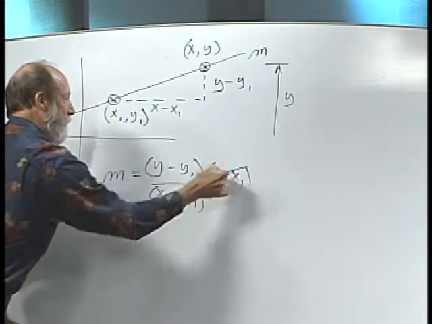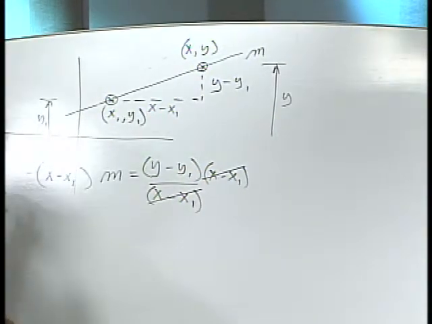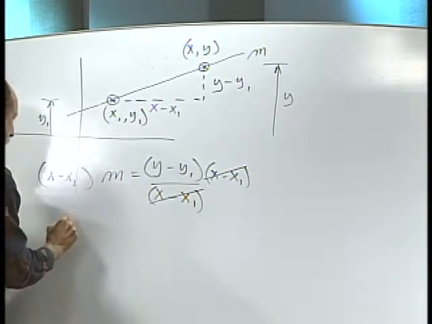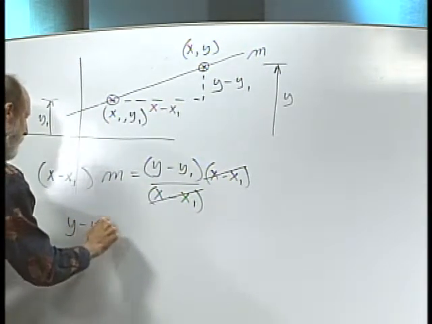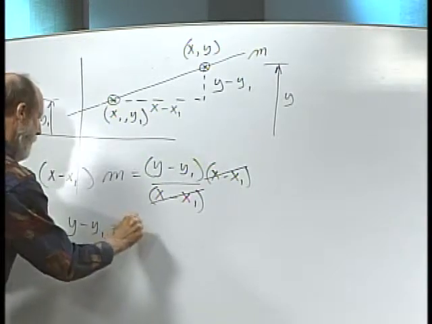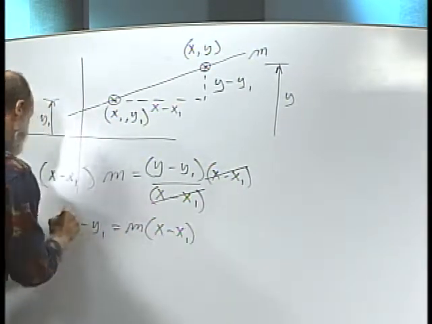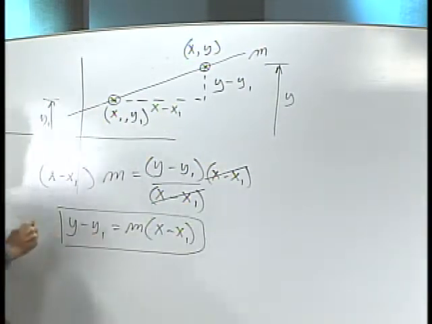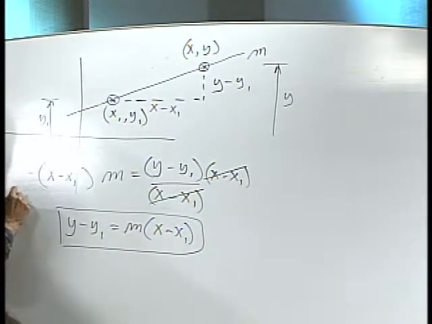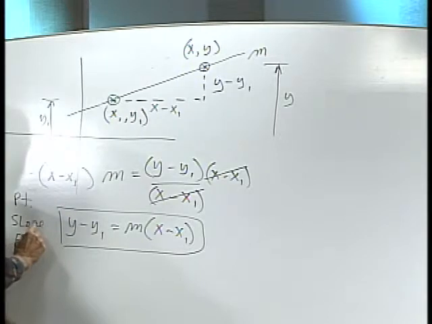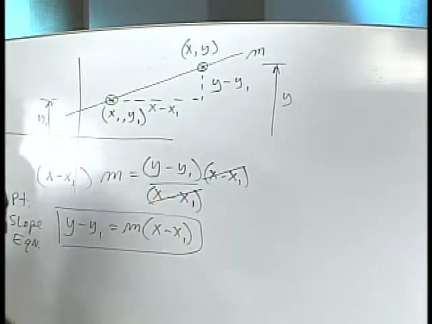Those factors reduce out, don't they? And we end up with, I'm going to rewrite it the other way, putting the y stuff on the left: y minus y1 equals the slope times x minus x1. This is called the point slope equation of a straight line.